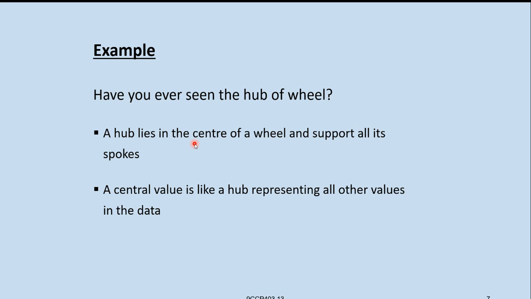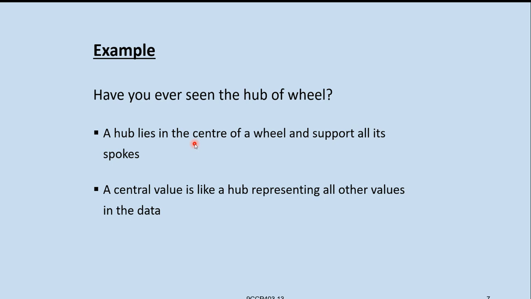Mainly this hub is the central part of the wheel. Either you see a bullock cart or a bicycle, or a motorcycle, or a car, or even a bigger vehicle, the center point of the wheel is supporting the whole wheel. That we have observed.